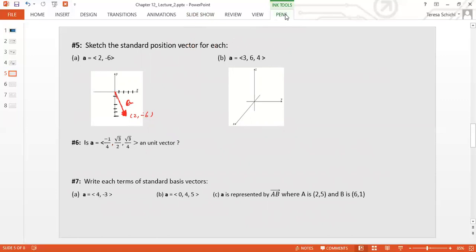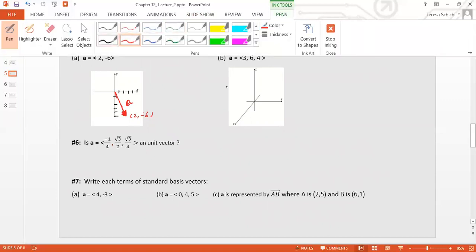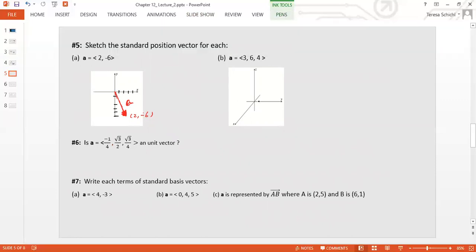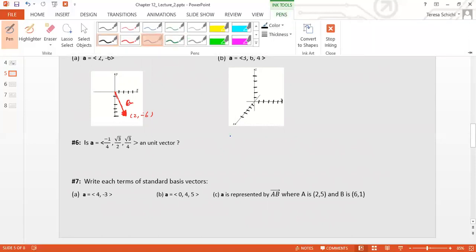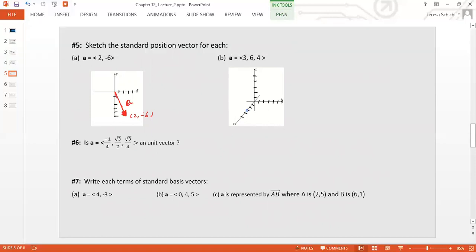Now let's take a look at the next one. I'm going to show you how to draw in 3D. It's 3, 6, 4. The 3 is the x value, so you count 1, 2, 3. Here's the 3.